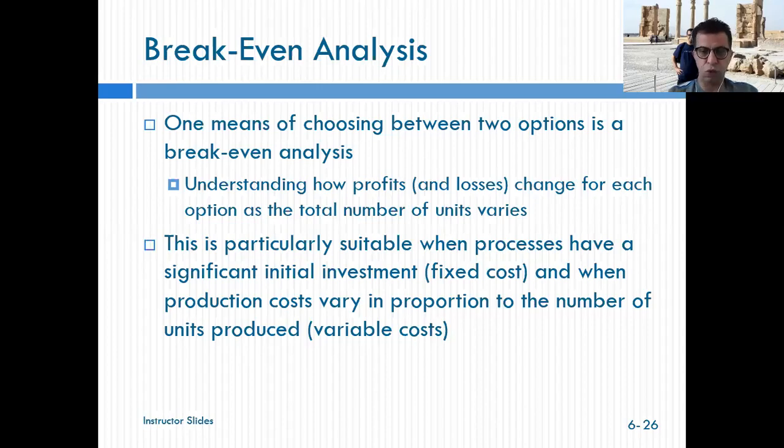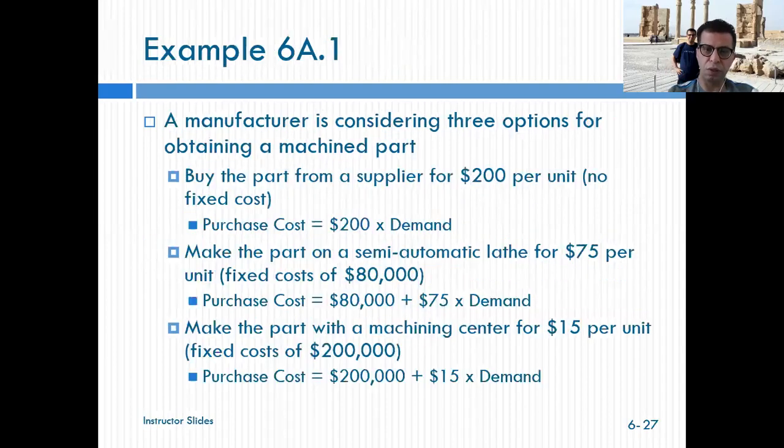It's much shorter term. So there is a fixed cost in it, which is the initial investment, and there is a variable cost related to the number of units produced. These two things you need to calculate to see how it's done.